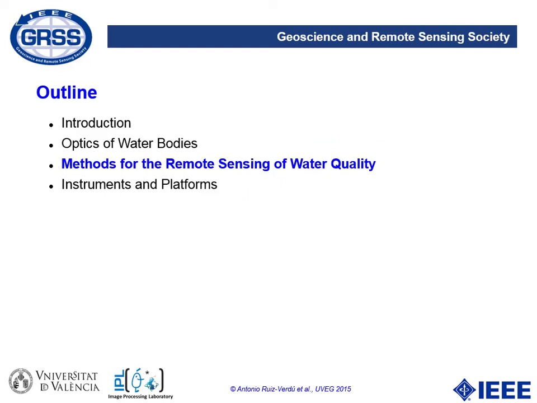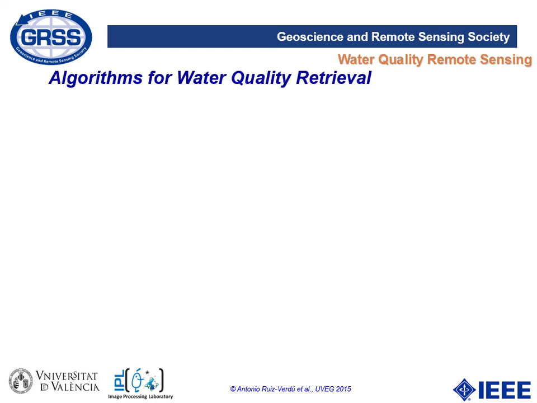Well, once we have seen the different optical properties and how water bodies can be studied with the reflectance measurements from remote sensors, we will see very briefly, because this is a very wide field of research, the main methods for this remote sensing of water quality.